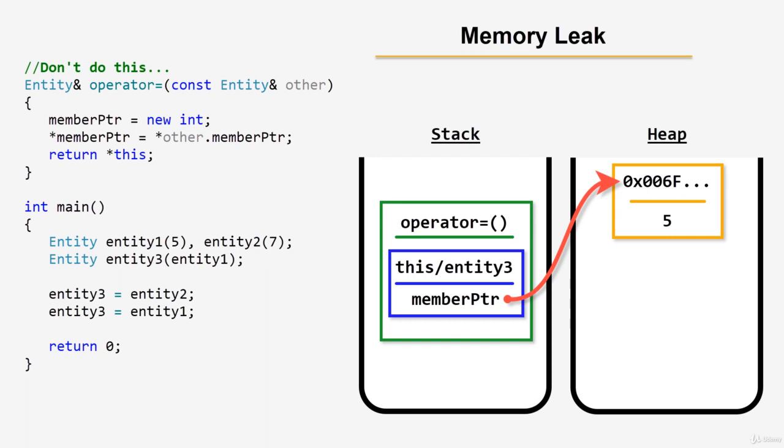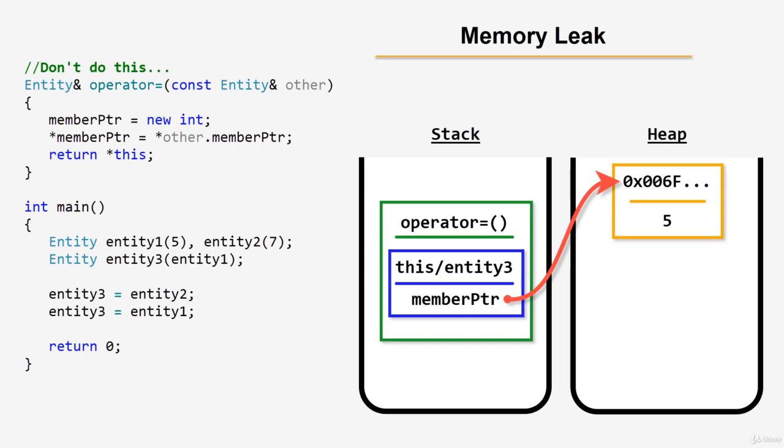Okay, so let's start off in the second statement in the main function. We construct entity3 and we initialize that to entity1. Then we move to the third statement in the main function where we assign entity2 to entity3. And that is where we invoke the overloaded assignment operator. And in the stack and heap illustration to the right, we can see the state of that object.